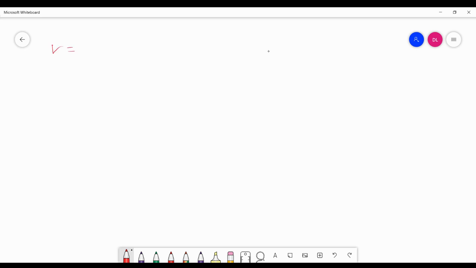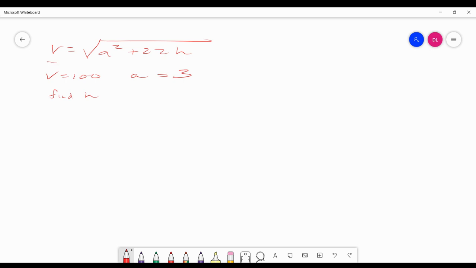V is equal to the square root of a squared plus 22h. I'm totally making this up. And they tell us that V is equal to 100 and a is equal to 3. And they say find h.